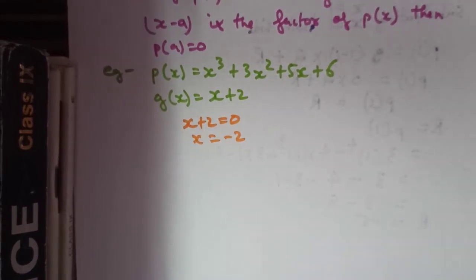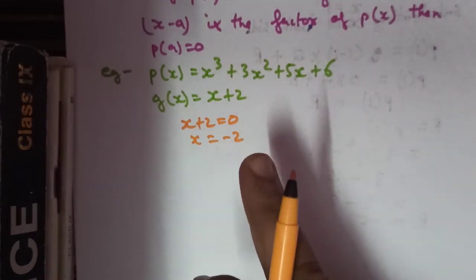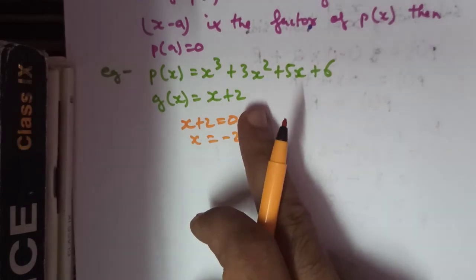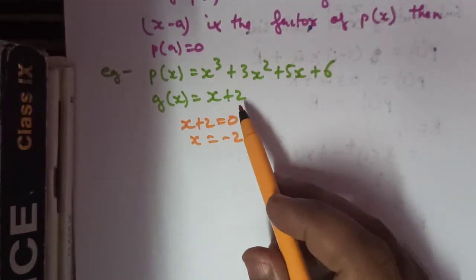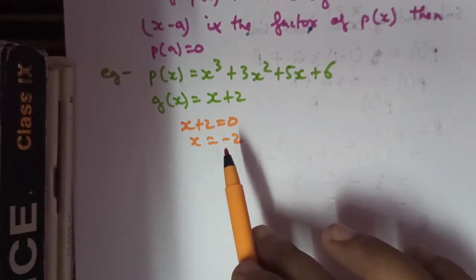Now, according to the factor theorem, if a polynomial p(x) of degree greater than or equal to 1 is divided by x minus a, that is x plus 2, the value of a is minus 2 here, which is a real number, so all the conditions are satisfied.